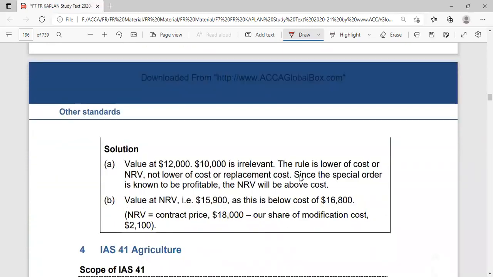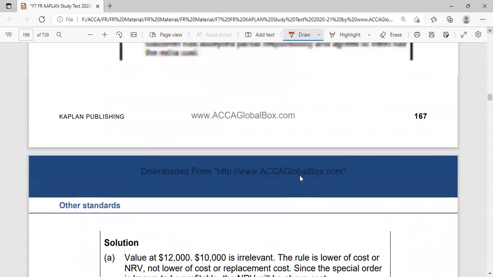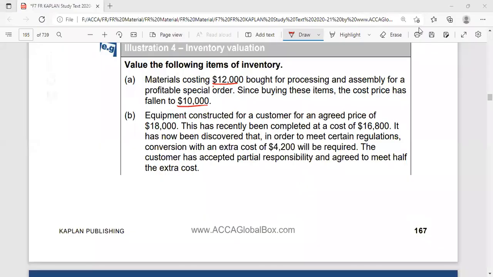So here in the first one, what is the material cost? 12,000 is the material cost, brought for processing and assembling for a profitable special order.